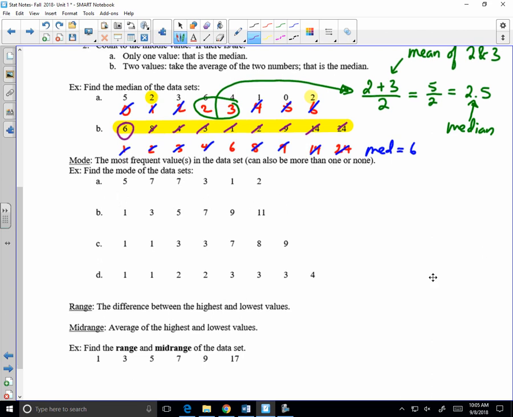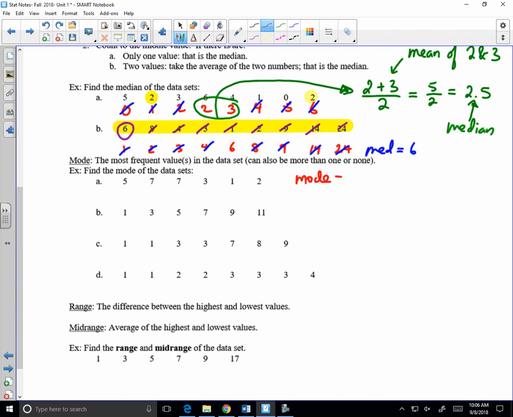Now, the mode is the most frequent value in the data set. It can also be more than one or none. All right, so you could have no mode. You could have exactly one number that is the mode, or you could have many modes. But it's whatever occurs most frequently. So what number occurs most frequently in A? 7.